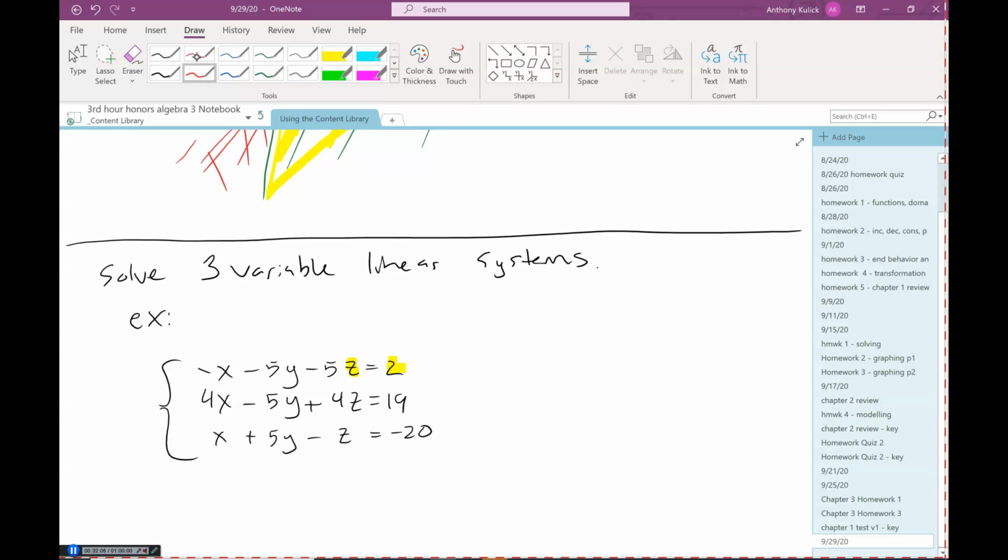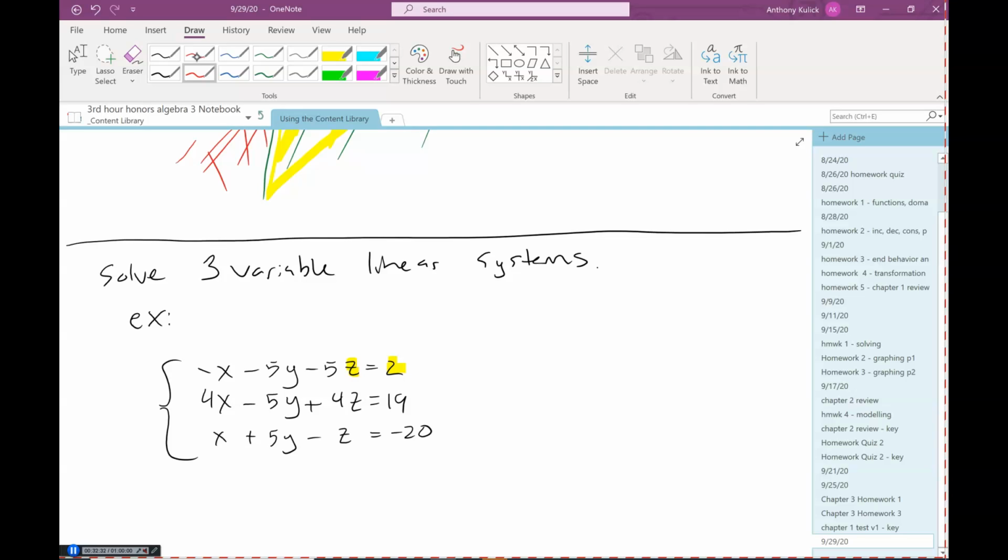Okay. So the idea here is we're going to have to do several eliminations. We're going to take this 3-variable system and break it down into two variable equations that we'll then do another elimination on to make a one variable equation.